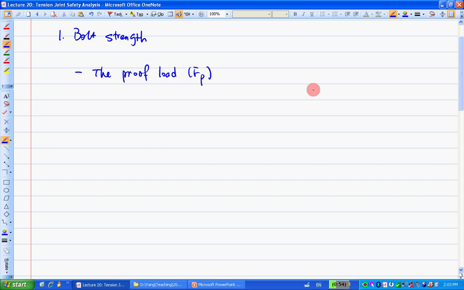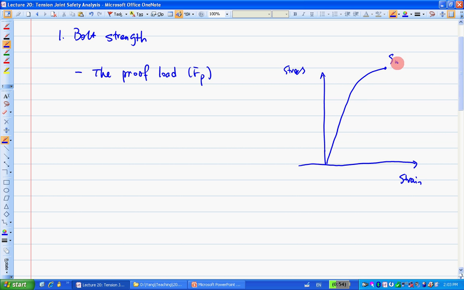So let me draw this stress strain diagram. A typical stress strain diagram will look something like that. This is probably SUT somewhere here, and this is probably SY.